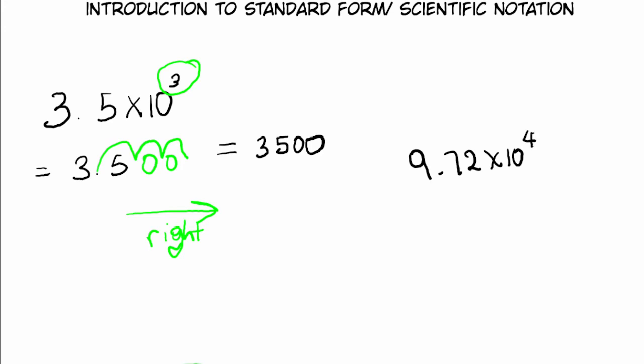9.72 times 10 to the 4th power. What is our N value? Our N value here is 4, which is positive. When our N value is positive, we'll move N places to the right. So here we're going to move our decimal point 4 places to the right.